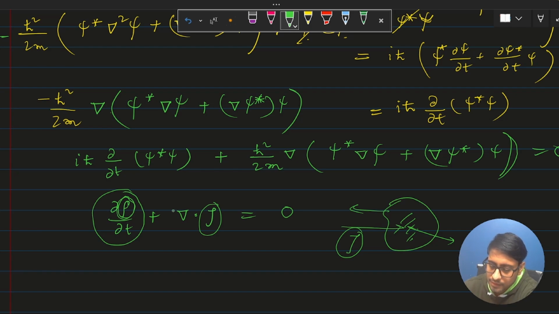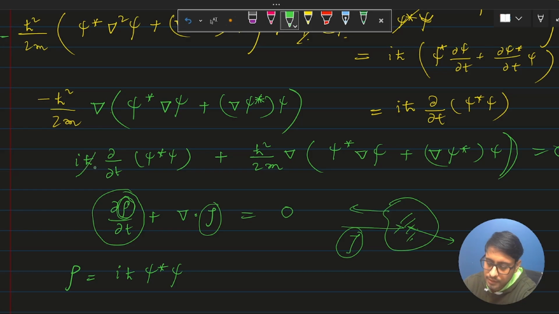If I compare this equation with this, we can say that this rho is somehow represented by this i h bar psi dagger, not dagger, psi asterisk psi. Basically if I cancel this term, I can write it in a different manner.